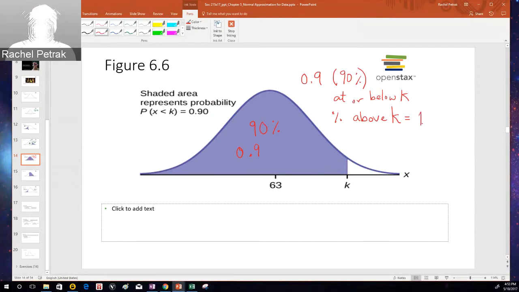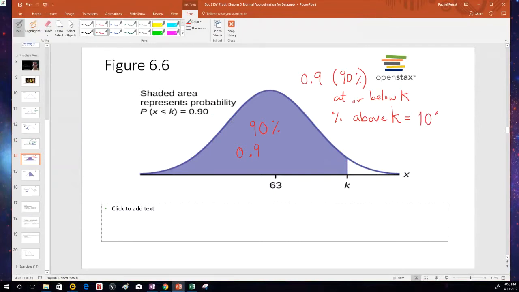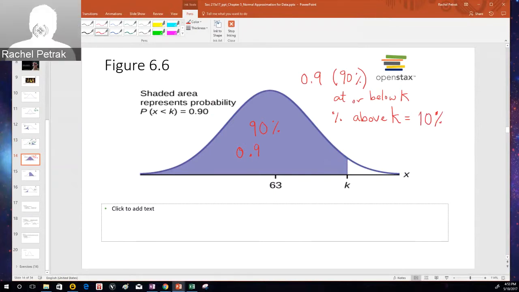Exactly. So we're just going back to using this same quality that we know there's 100% under here. So if I know a portion of that 100%, I know the corresponding other portion.